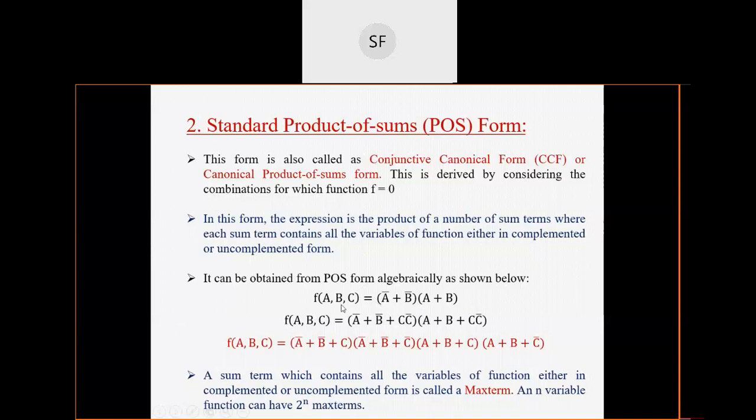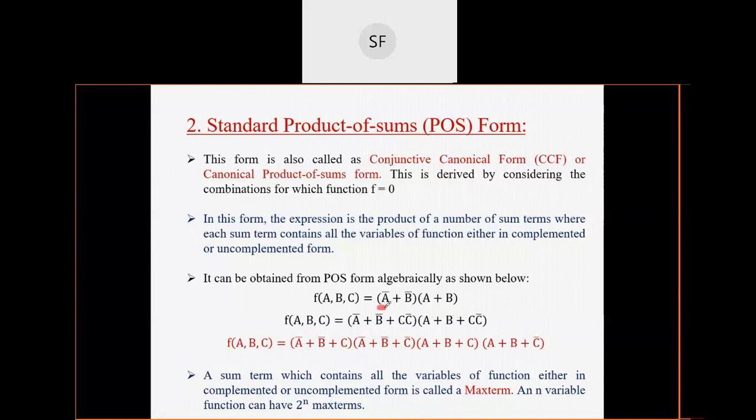So for example, if you observe this function, it is a function of three variables a, b, and c. It is nothing but, in brackets, (a bar plus b bar) product (a plus b). Here you can observe that the operation between these two terms is product.